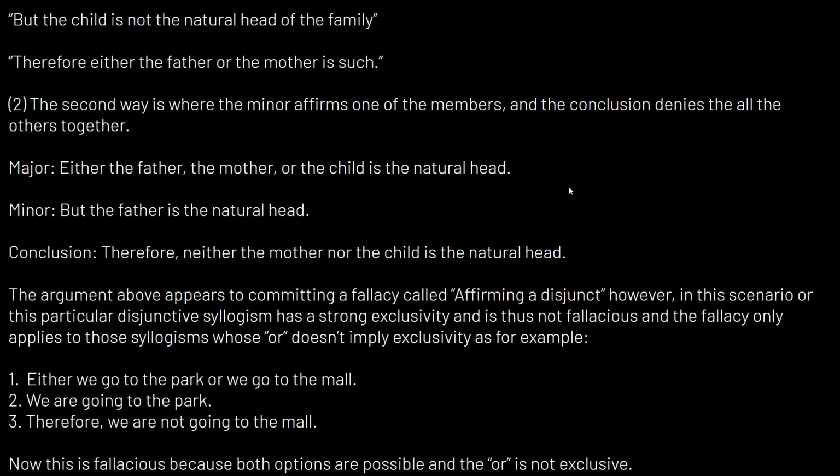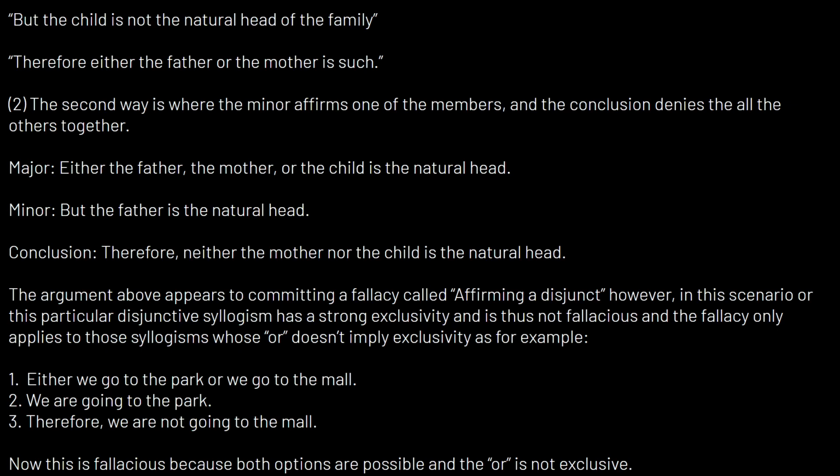So, for example, but the child is not the natural head of the family, therefore either the father or the mother is such. So if you really wanted to structure it out again, it would be: either the father or the mother or the child is the natural head of the family. But the child is not the natural head of the family, therefore we can exclude the child and affirm the rest of the possibilities or disjuncts in the conclusion. That is, therefore either the father or the mother is the natural head of the family.